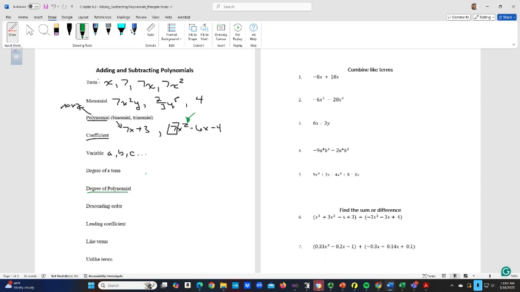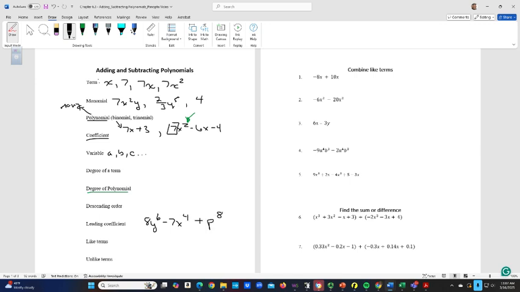Descending order is what it sounds like. You put it in order from biggest to lowest. The leading coefficient is the coefficient of your term with the highest power, right? So let's say we had 8y to the 6 minus 7x to the fourth plus p to the eighth.